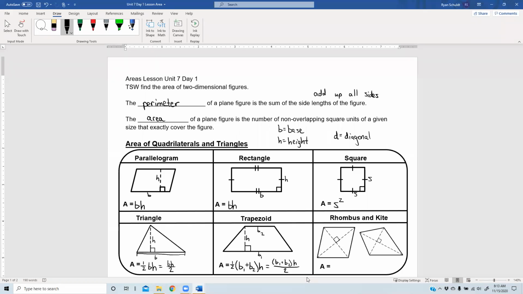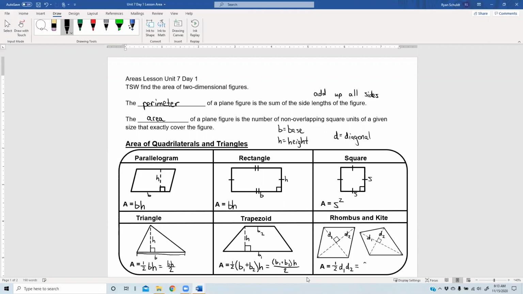And then the rhombus and kite. We call each of these a diagonal. Its area is 1/2 of diagonal 1 times diagonal 2.